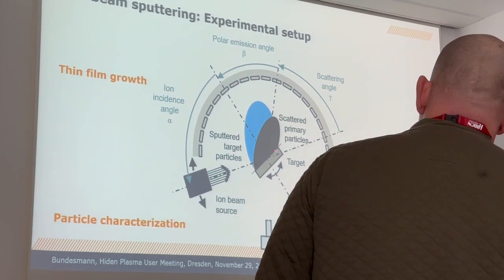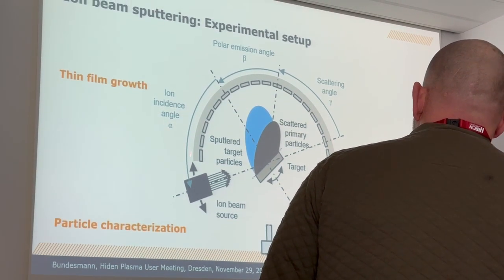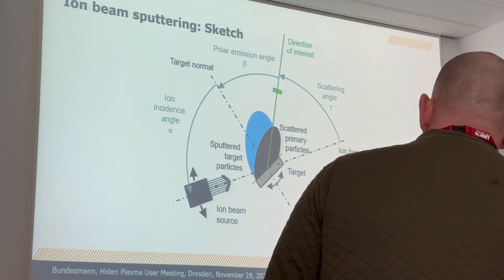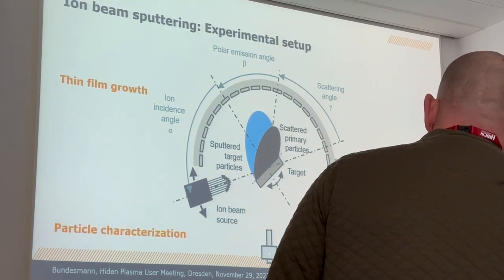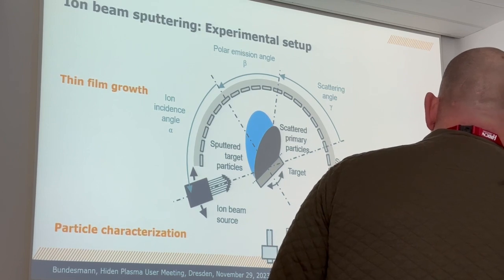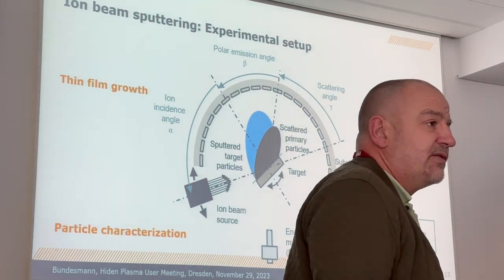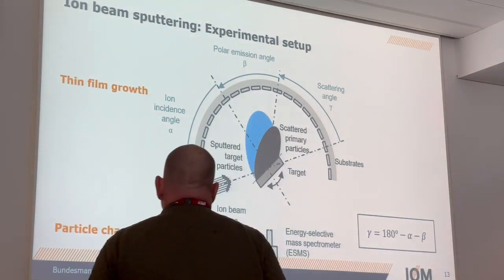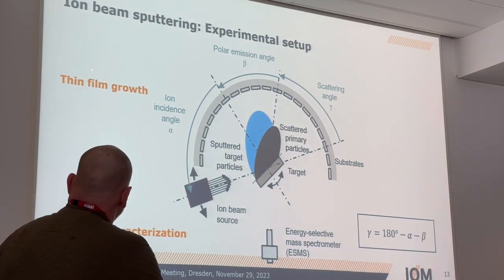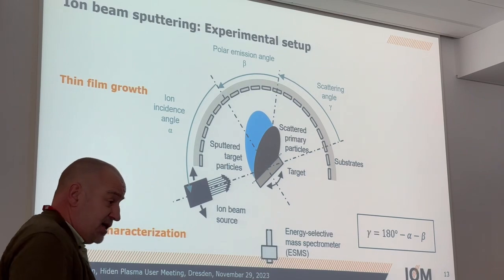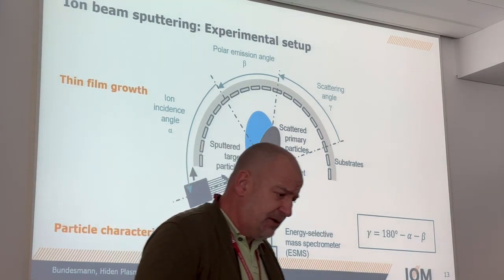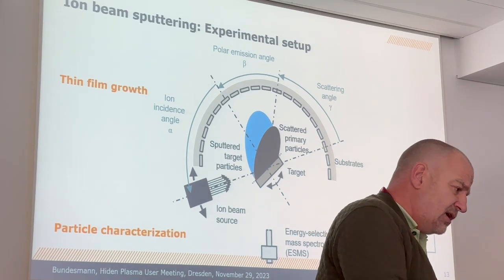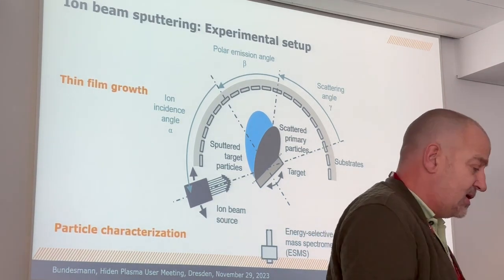But we can also flip the target around, take this holder off, move the ion beam source, and then use an energy selective mass spectrometer to make angular dependent measurements of the energy distributions and mass distributions and so on. So we have thin film and particle characterization combined in one chamber. It's the first time that we can now correlate particle properties with thin film properties.